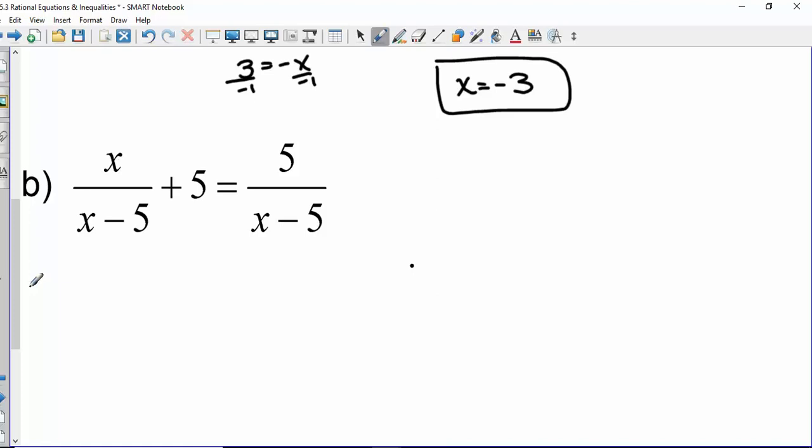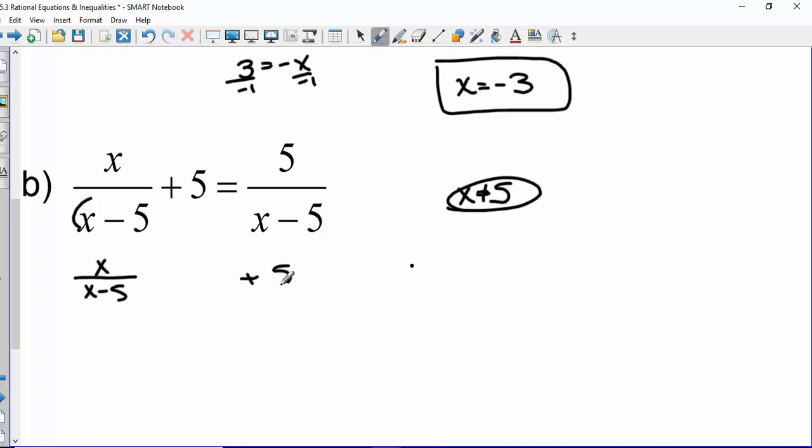So x over x minus 5 plus 5 equals 5 over x minus 5. So what would we do here? What can x not equal? That's my domain. I know it can be anything except 5. So if I want to cancel, I'm just going to go ahead and rewrite it.